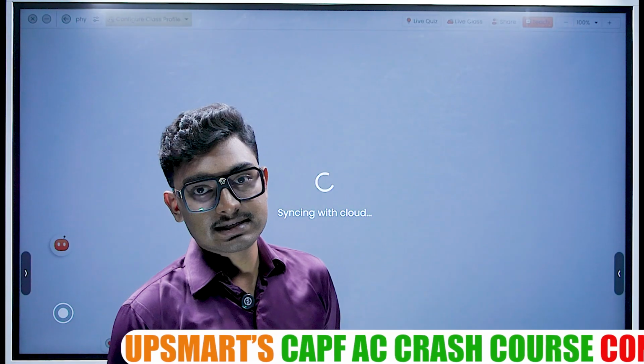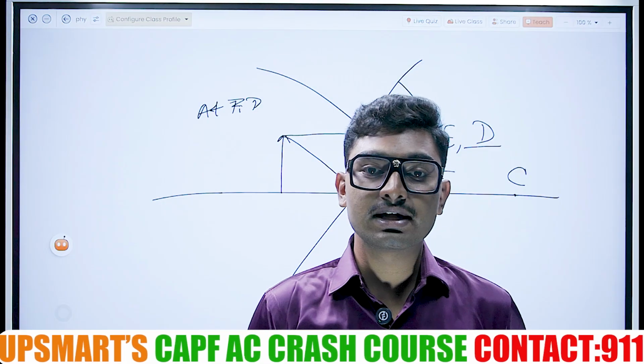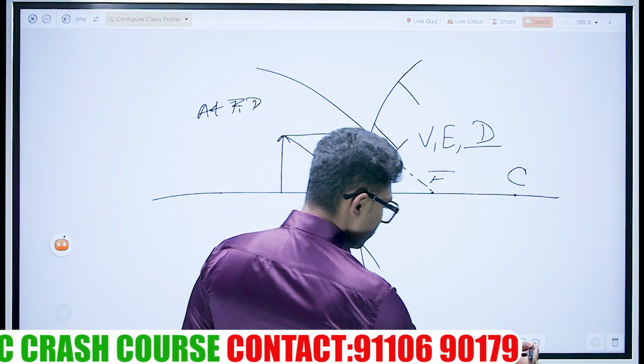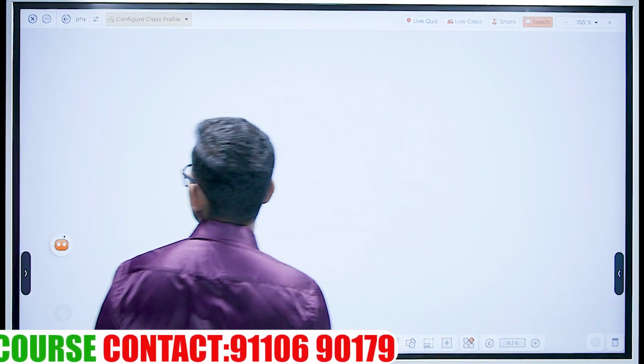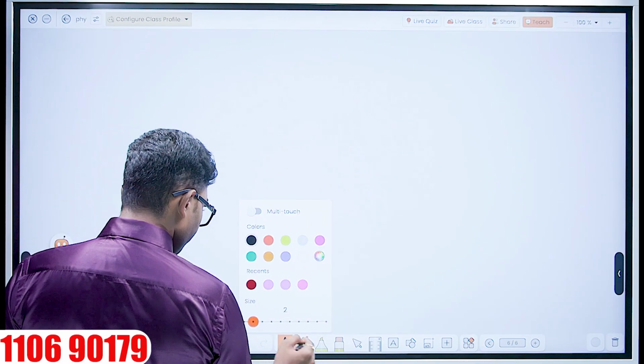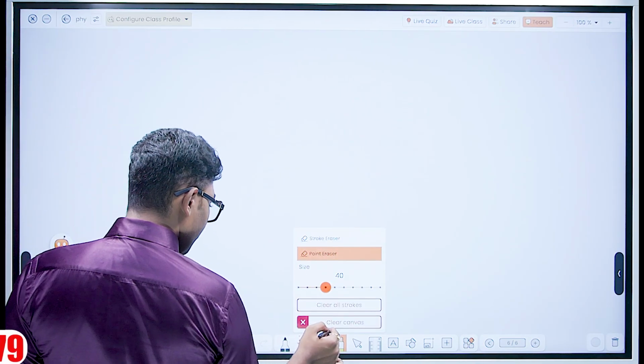So all the 6 cases and another 2 cases in convex lens are very important. So go through it very efficiently to get very good marks.